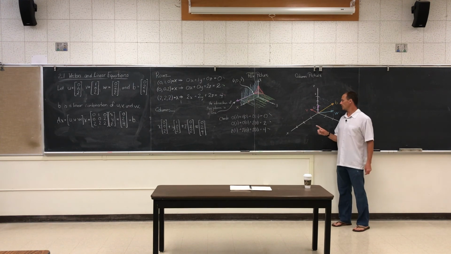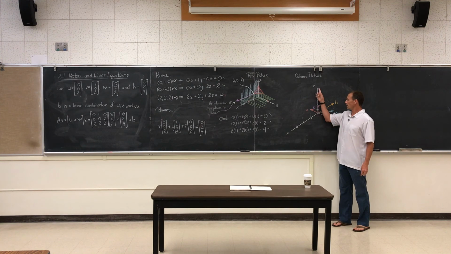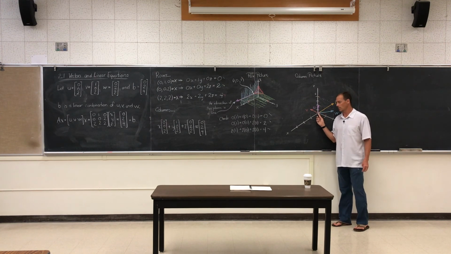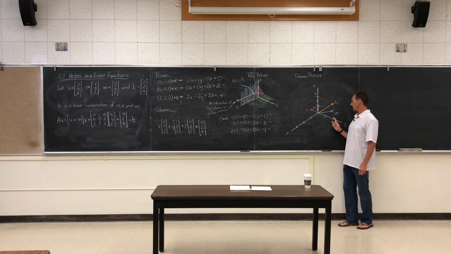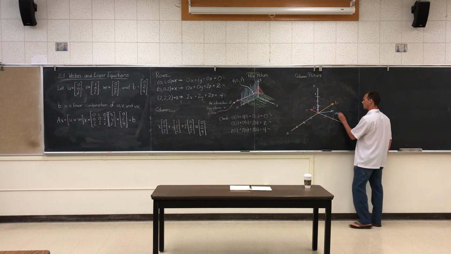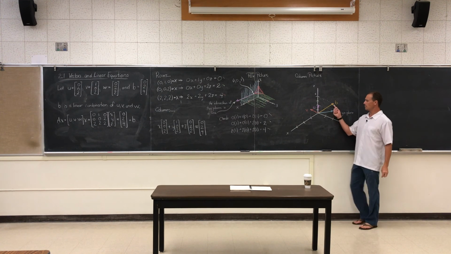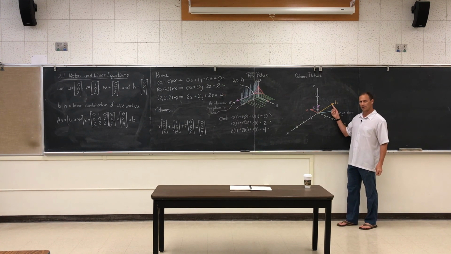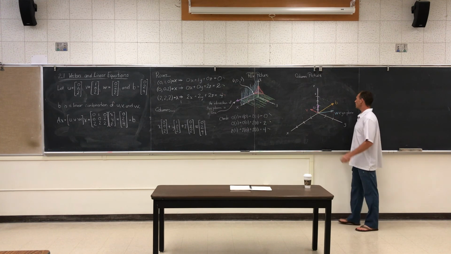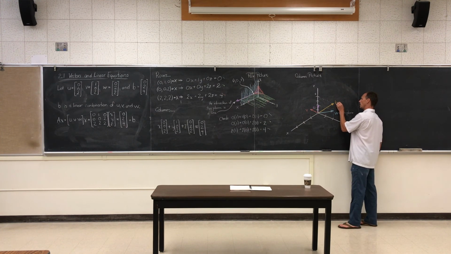Notice this. The vector u is right on the z-axis. The vector w, it's in the yz plane. I'm going to flip that. It's an element of the yz plane. What else do we have? What about b? b has an x value of 0 also. So b is also in the yz plane.